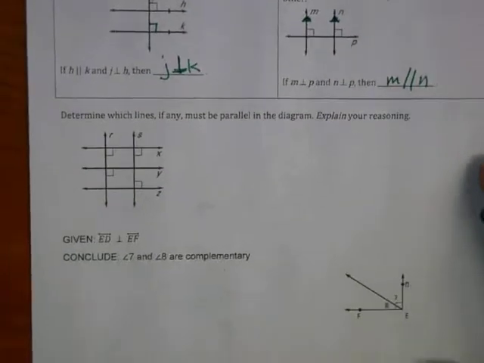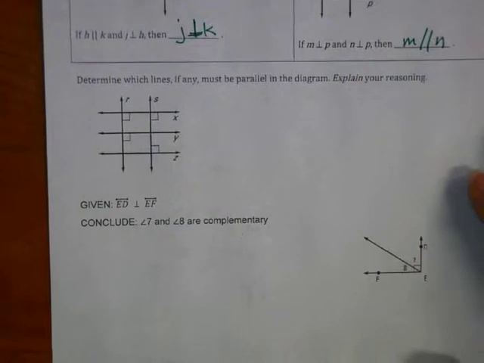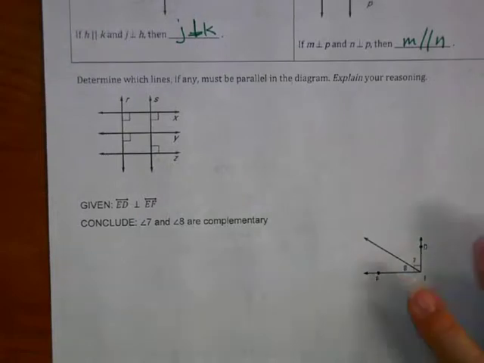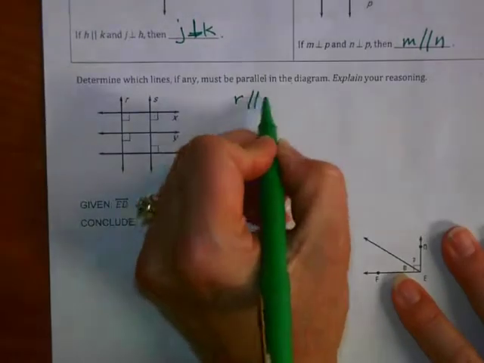Okay? So, let's look at this. Determine which lines, if any, must be parallel in the diagram and explain your reasoning. What do you see, Courtney? Line R and S are parallel. They're parallel for what reason?